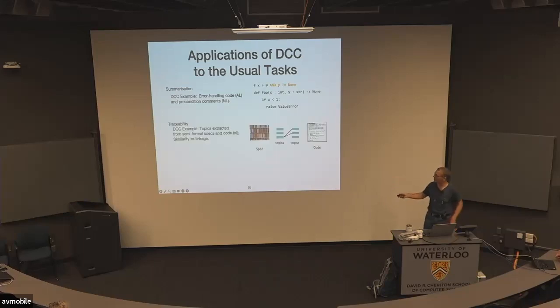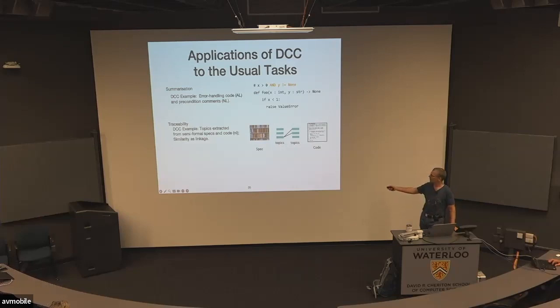Another example is in traceability. I claim that topics extracted from a semi-formal specification, if we use LDA to extract topics, because of dual channel constraints, are going to tend to share tokens with the code that realizes a particular requirement.